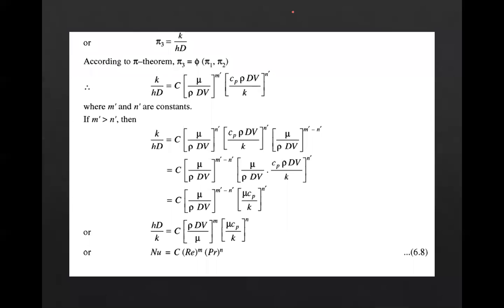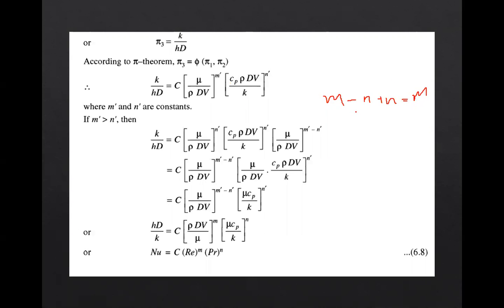Okay. Let us consider that m dash and n dash are constants, and if m dash is greater than n dash, then the expression is further converted into k upon h d is equal to C into mu upon rho d V raised to power m dash minus n dash plus n dash. Here we are using the basic formula that m minus n plus n is equal to m.